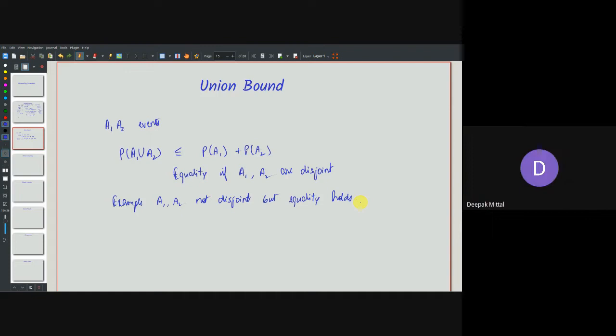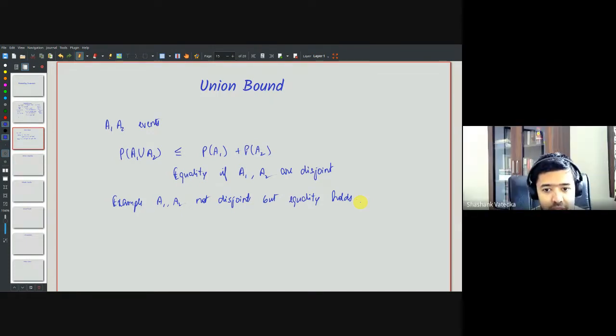If one event is empty, sir? If one event is empty, okay, fine, that's true. But can you come up with something better? I want the case where neither of the events is empty.